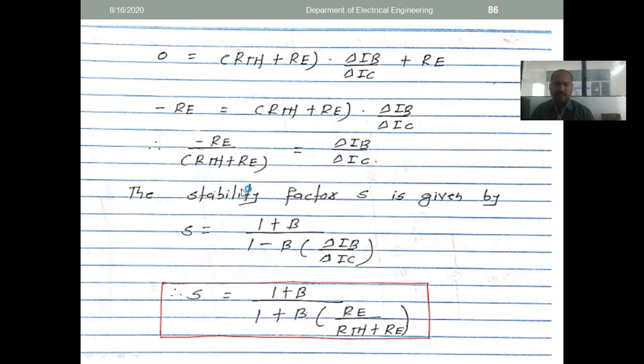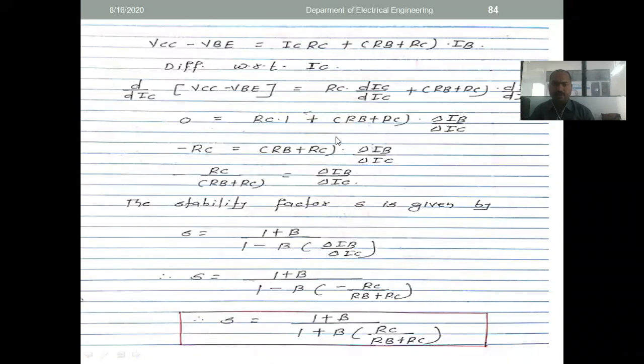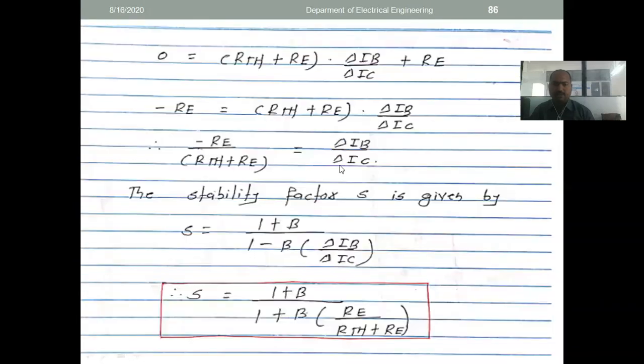Now, this calculation is only for the purpose of the stability factor. We have already calculated the stability factor by this formula: S is equal to 1 plus beta divided by 1 minus beta into delta IB by delta IC. We have to put the direct value of delta IB by delta IC into this equation. So 1 plus beta divided by 1 minus beta times delta IB by delta IC, which is minus RE divided by RTH plus RE.